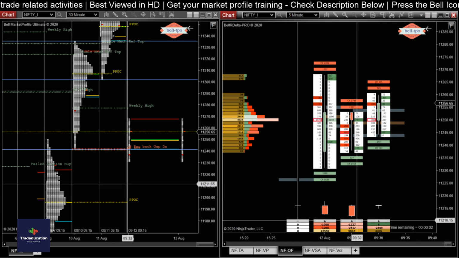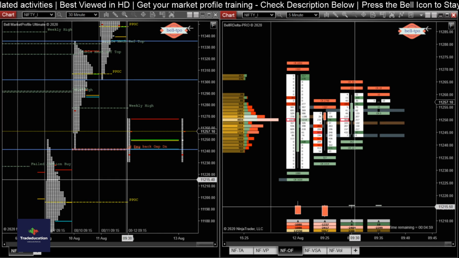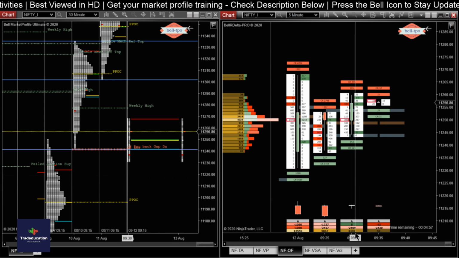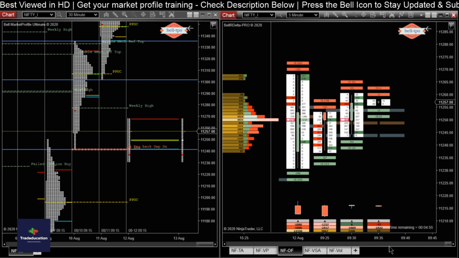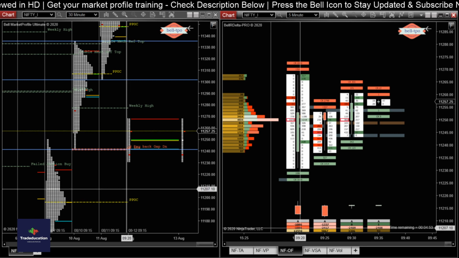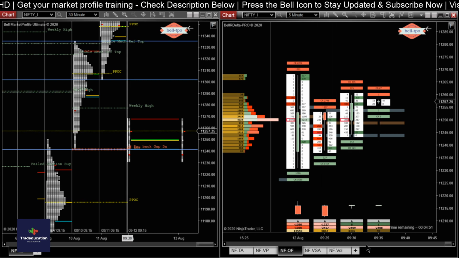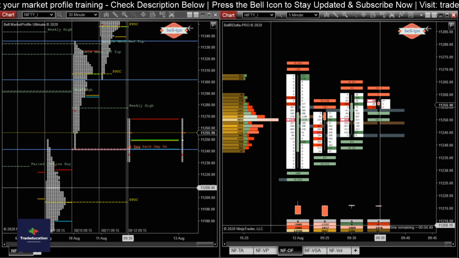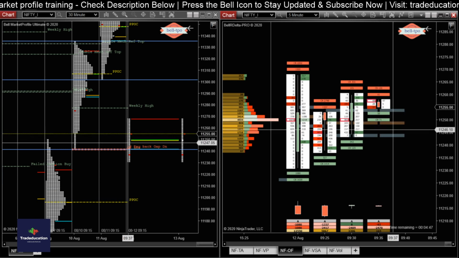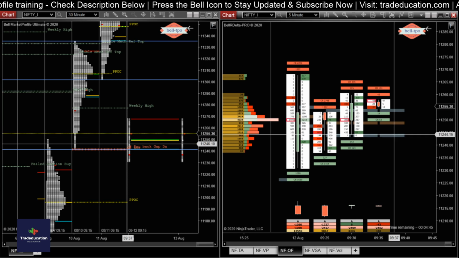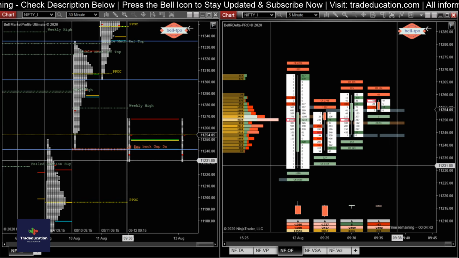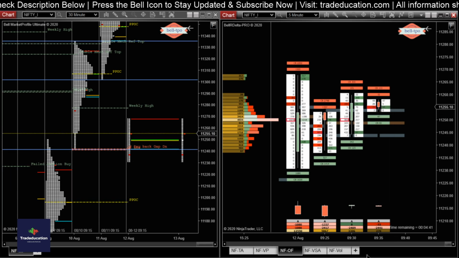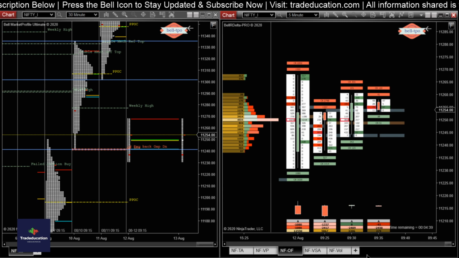Okay, so there's a delta divergence, shift in delta, only 3000 contracts traded, nothing much. Cumulative delta is flat, so 24, 24, here also 24. So sellers would be stepping in. So I'm expecting sellers to push hard again and try to tag the lows. That's what I'm expecting, but odds are less.